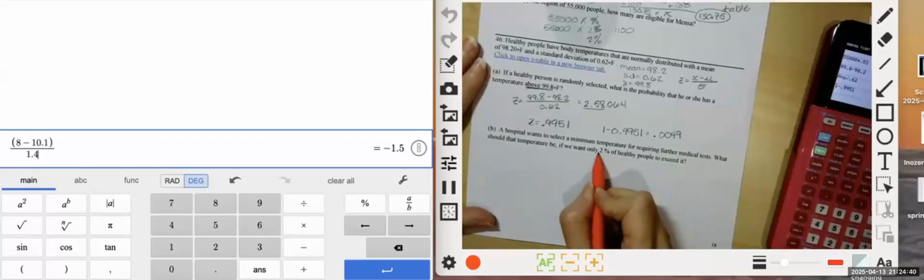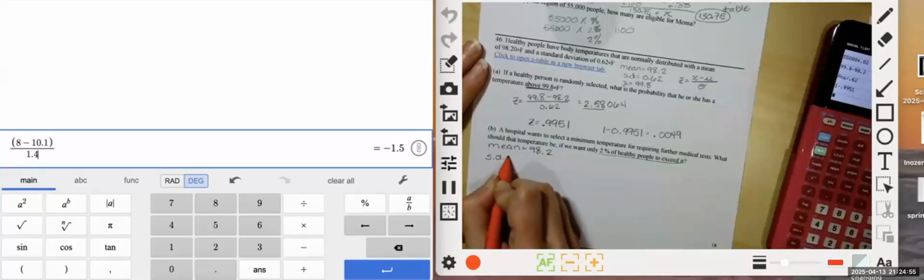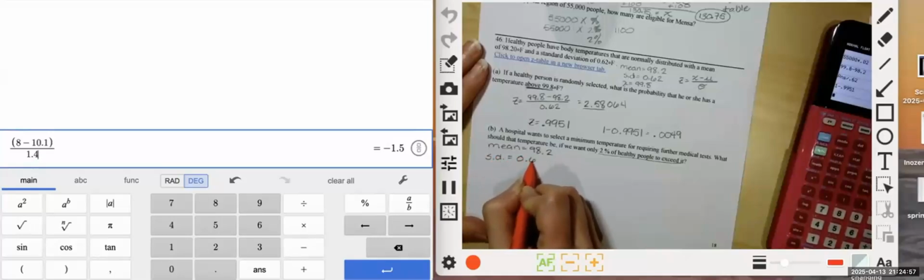Okay, part B. A hospital wants to select a minimum temperature for requiring further medical tests. What should that temperature be if we only want 2% of the healthy people to exceed it? So we have our mean of 98.2 still, and our standard deviation of 0.62.